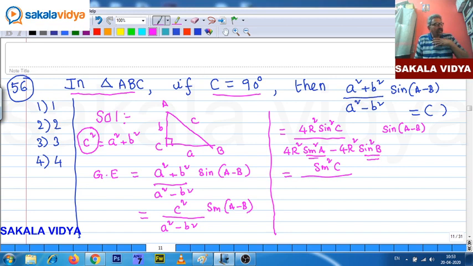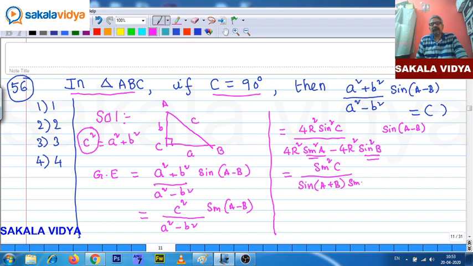In compound angles we have studied. So that is, wait now. Okay, now I think it is clear. Sine square A minus sine square B, we can write as sine of (A plus B) into sine of (A minus B).